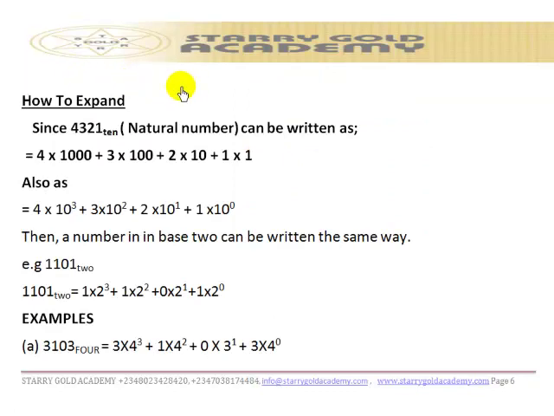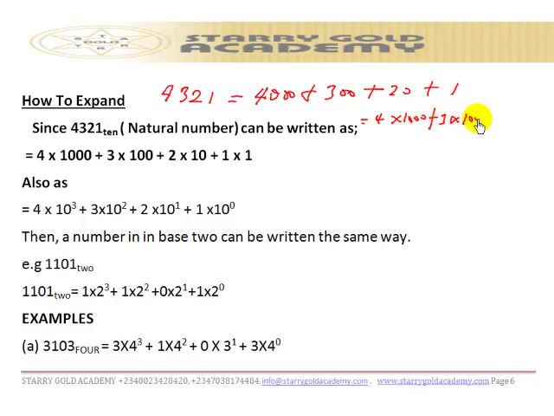You have 4,321. This 4,321 is the same thing as 4,000 plus 300 plus 20 plus 1, and 4,000 is the same thing as 4 times 1,000 plus 3 times 100 plus 2 times 10 plus 1 times 1.